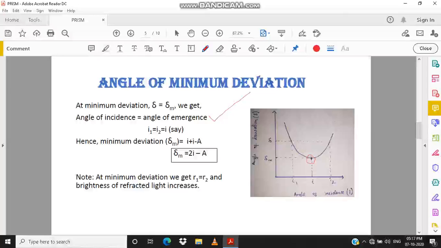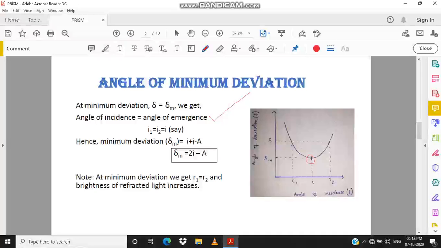Angle of incidence equal to angle of emergence is one such condition to get the angle of minimum deviation. Here I1 is equal to I2. Say we call it I, because the angle of incidence is equal to the angle of emergence. So the minimum deviation will be I plus I. Why?